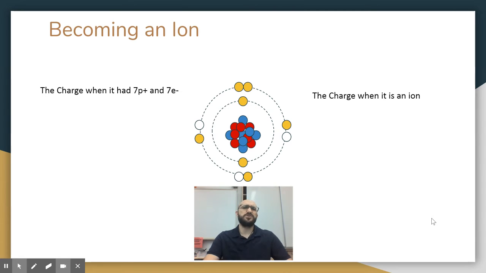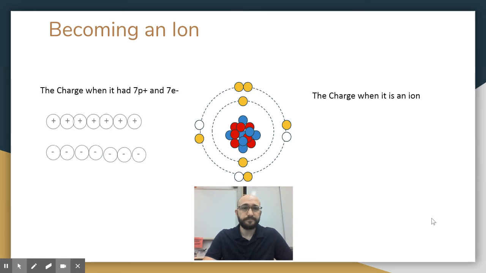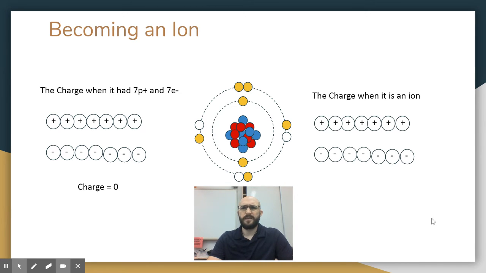All right, so first let's look at what its original charge was. If you have 7 protons and 7 electrons, they cancel out, give you a charge of 0. Not a big deal. 7 protons, 7 electrons? That means I have 3 empty spots.